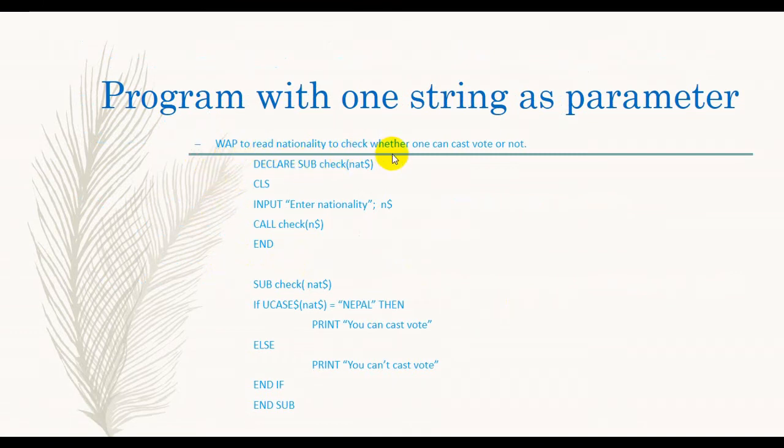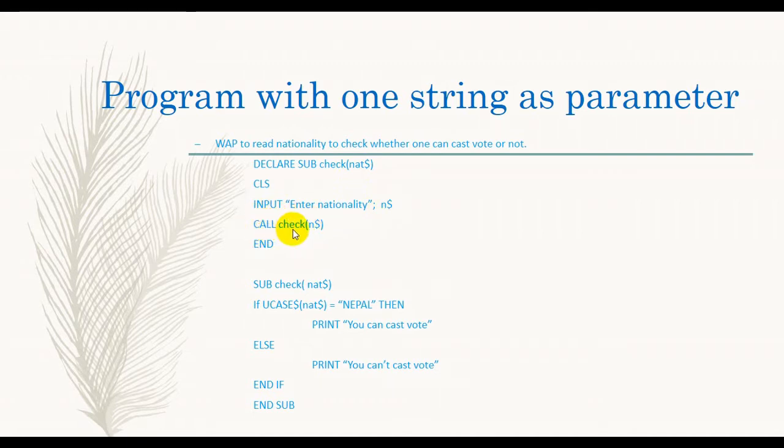When we do this program completely to read nationality and check whether one can cast vote or not, we write declare sub check, as we need to check, and the input with string variable, so string parameter. Now we take the input of string and we pass that. Here we are using a separate string variable for taking input, so that same variable is to be passed during calling the procedure.